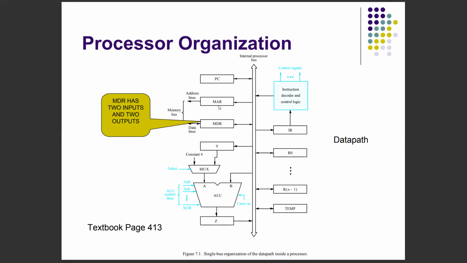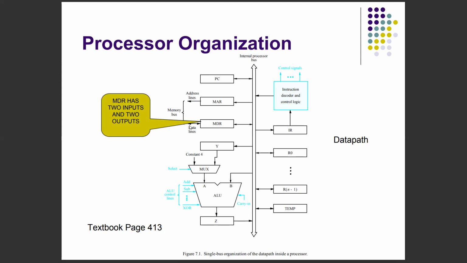MAR is nothing but the memory address register. It holds some address. Normally, during the next cycle, that address is used to access the memory, and either the instruction or data is stored into the MDR.